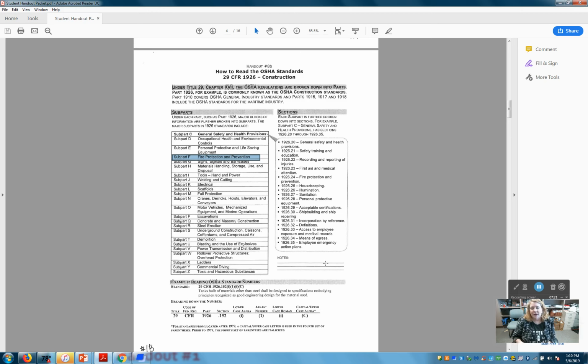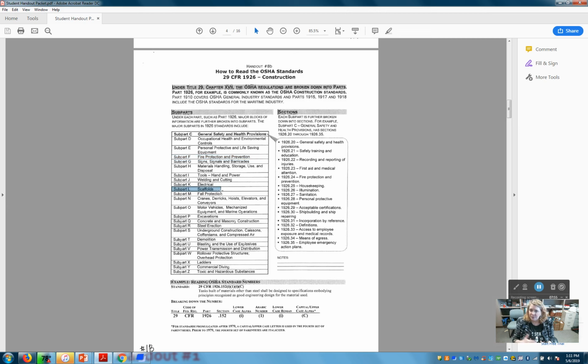studying. The other thing about OSHA regulations is that just because we're a general industry company doesn't mean we wouldn't dip into the construction regulations. There are several things we could be doing at our facility that are specific to construction. If we wanted to do something with regard to scaffolds, we would go to subpart L and follow those regulations.